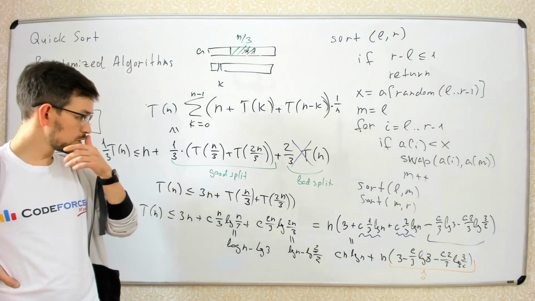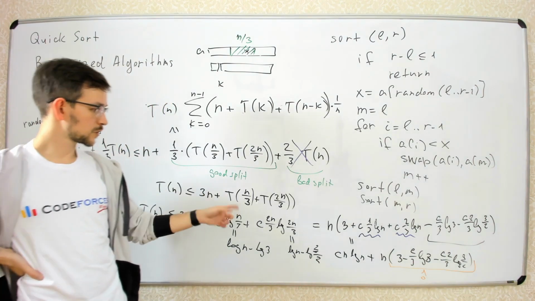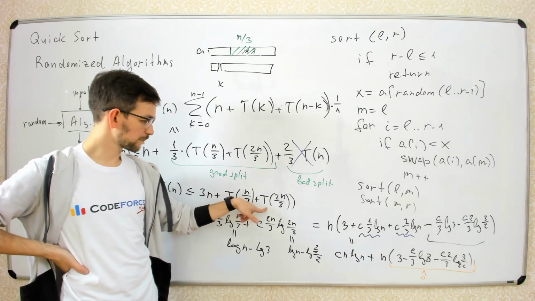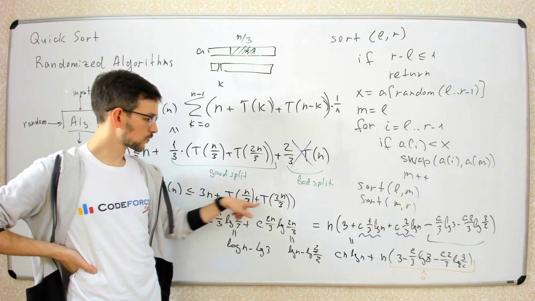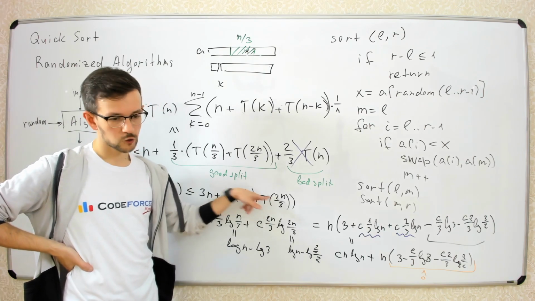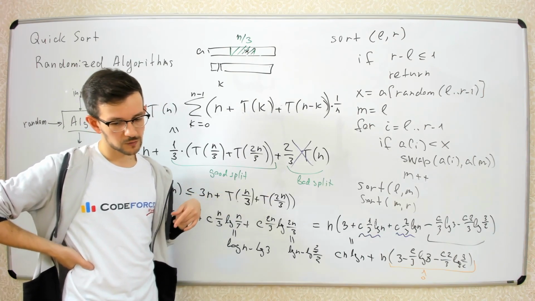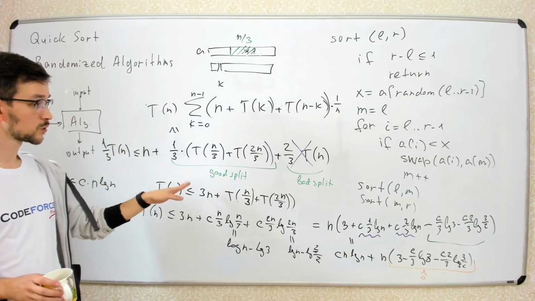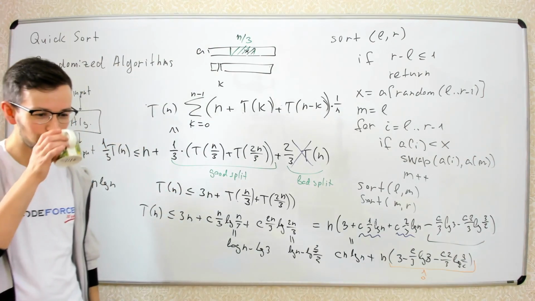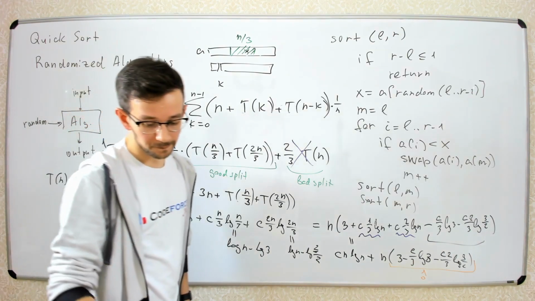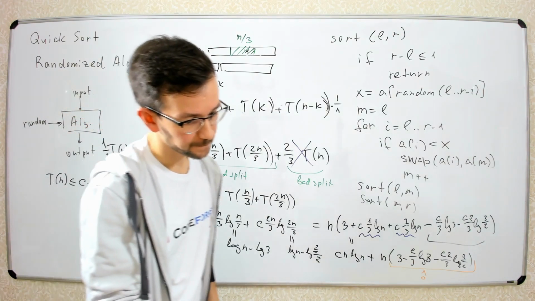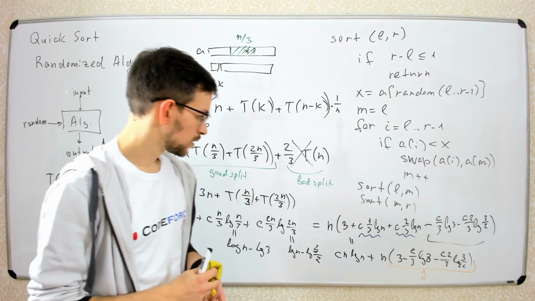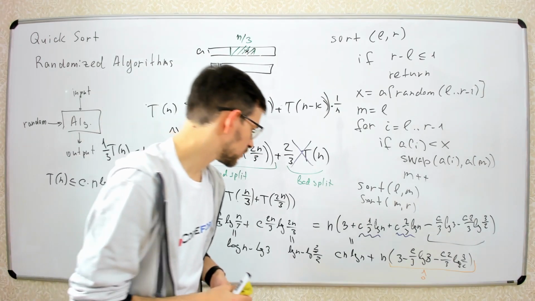You might think of using something like the master theorem, but you have two recursive calls with different arguments, so the master theorem is not very good for this. Okay, it's good enough. It's not 7. Where can you see 7?